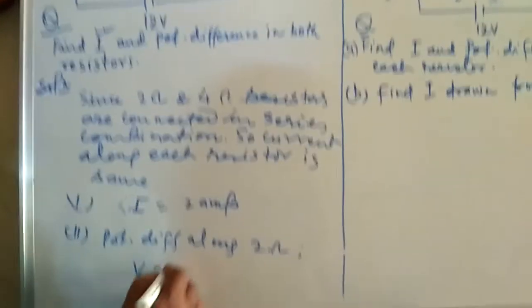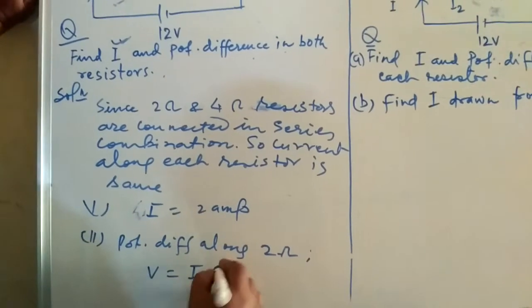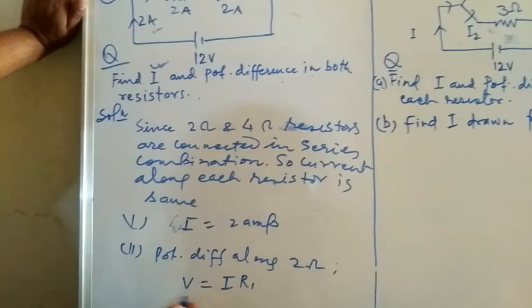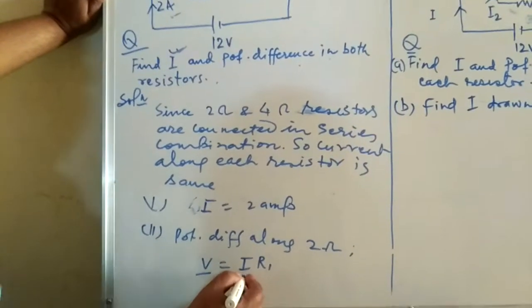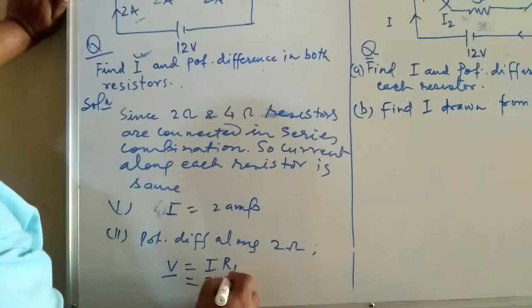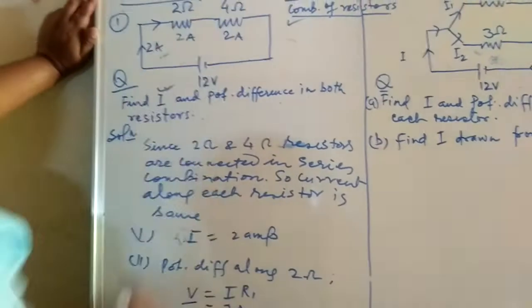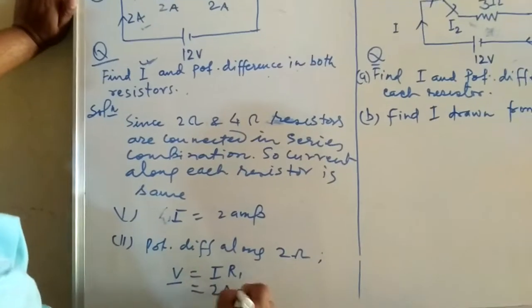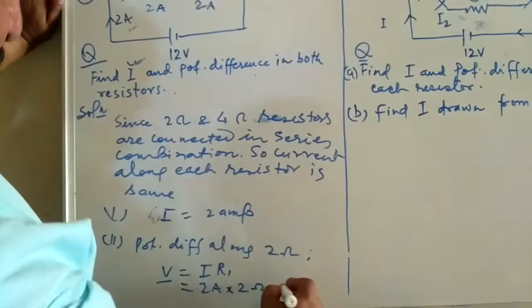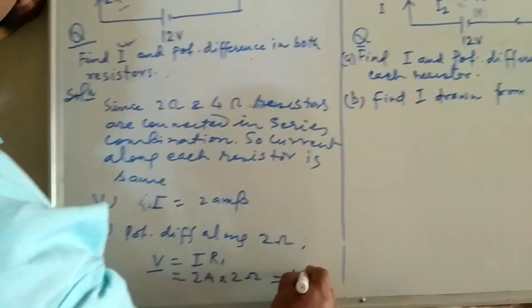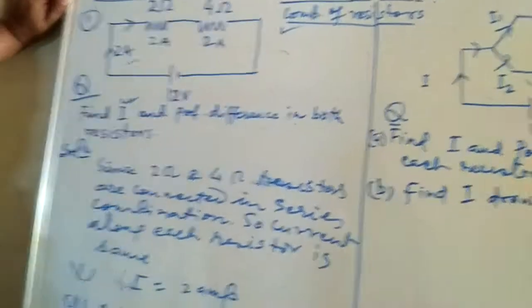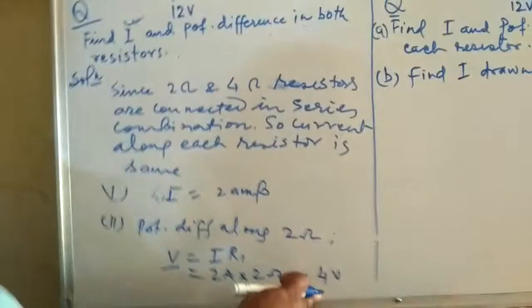V is equal to I R1. Here I is 2 ampere, and resistor R1 is 2 ohm. If you multiply, you get 4 volt. So along the 2 ohm resistor the potential difference is 4 volts.